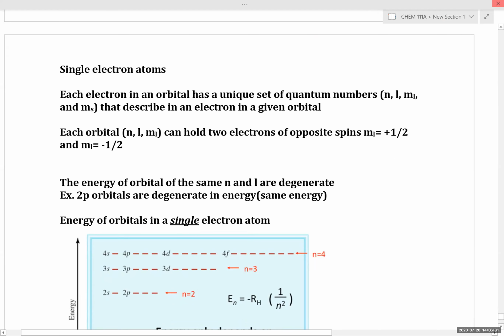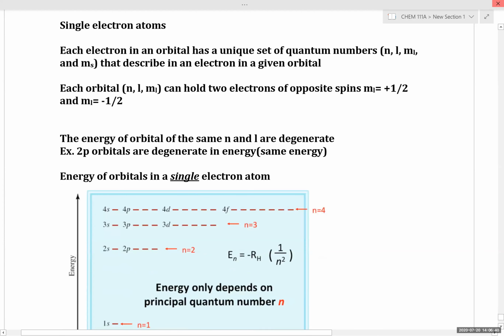Let's talk about the distinction between single electron atoms and multi-electron atoms. For single electron atoms, each electron in an orbital has a unique set of quantum numbers to describe that electron.